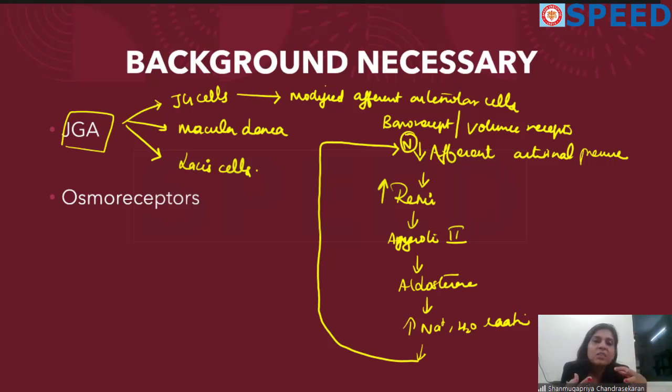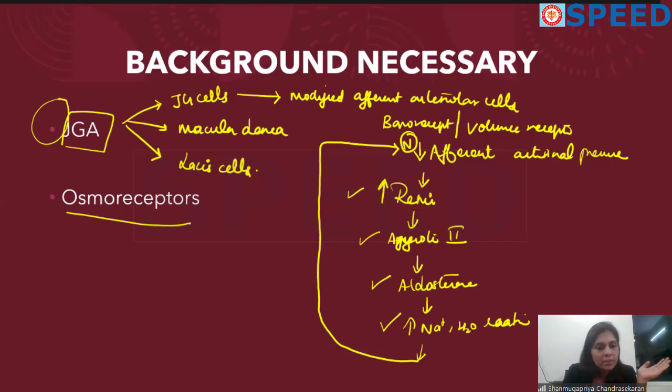So for any reason, whenever there is a decrease in the intravascular volume, afferent arteriolar pressure decreases. That stimulates JG cells, and JG cells release renin. Renin produces angiotensin 2. That causes aldosterone secretion, and that increases sodium and water reabsorption, restoring the intravascular volume. So this is about the JG apparatus.